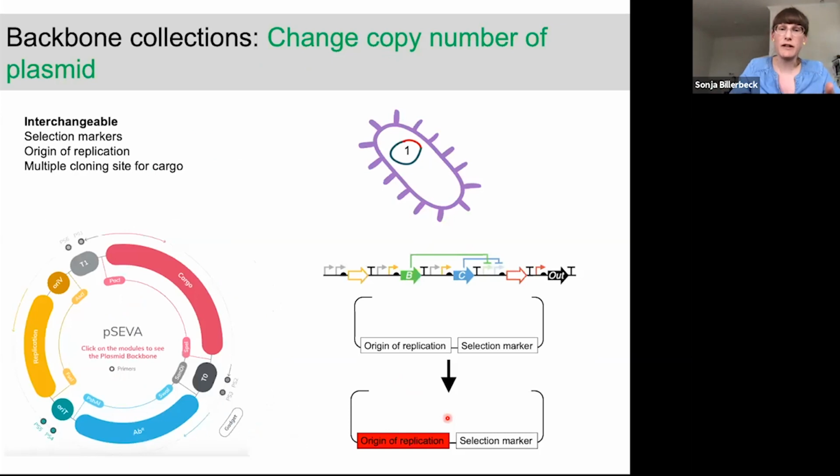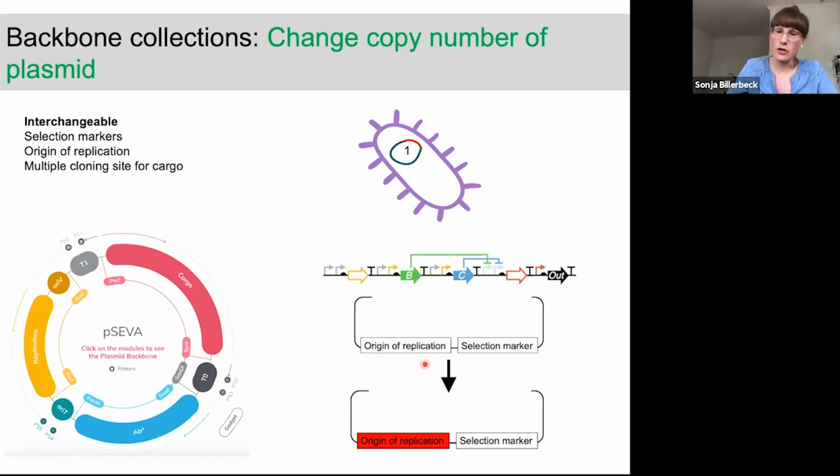Just to give you an example of why it is important to have these backbone collections: one is, for example, if you want to change the copy number of a plasmid. Given you have designed your circuit and you don't know exactly if you want a low copy plasmid or a high copy plasmid, you can design one circuit, clone it into different vectors, and see where it works the best.